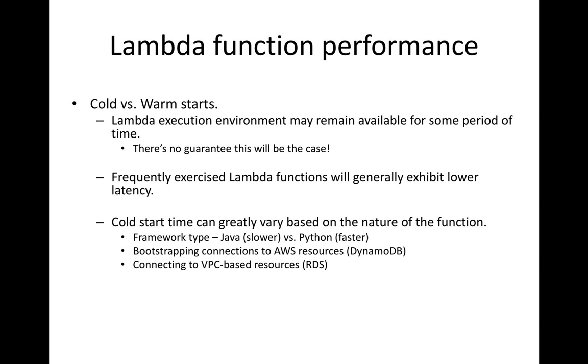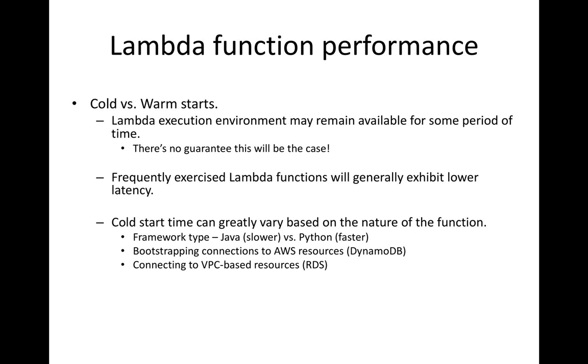What we know from practice is that the more frequently you invoke or exercise a Lambda function, the more performant that Lambda function is going to be. That's simply because Lambda functions which are invoked frequently are being kept warm in the Lambda environment.